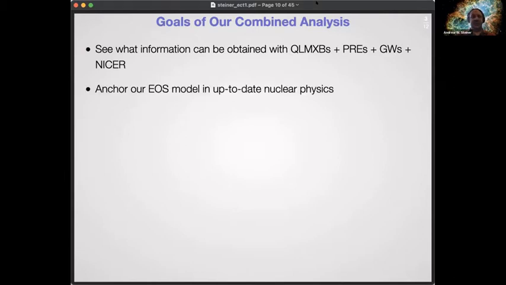Of course, we want to anchor our equation of state model in up-to-date nuclear physics. What does this mean? For neutron matter, we use a combination of nucleon-nucleon interaction based on chiral effective theory, plus many-body perturbation theory to get the equation of state. Actually, Mamoun and I do not do those equation of state calculations ourselves.